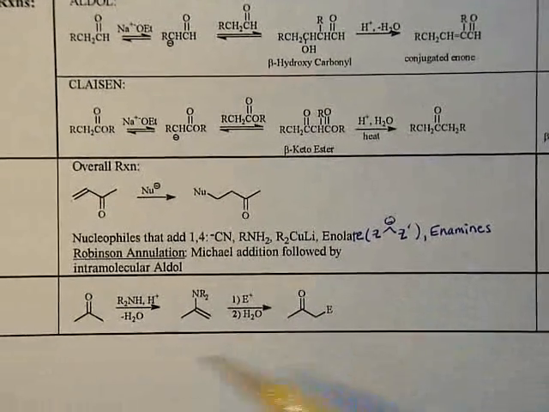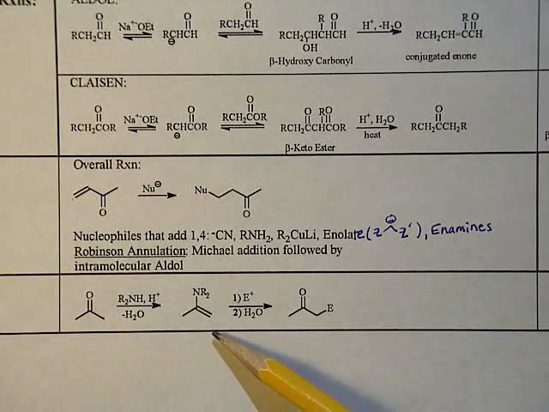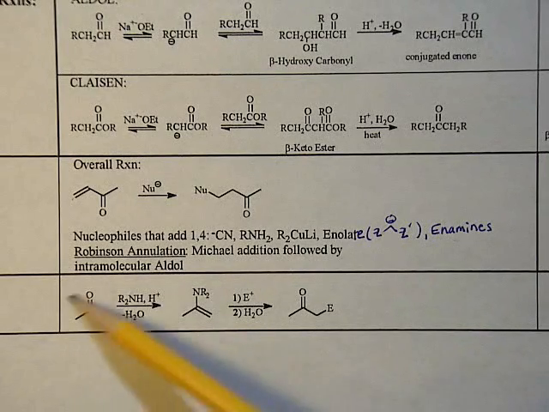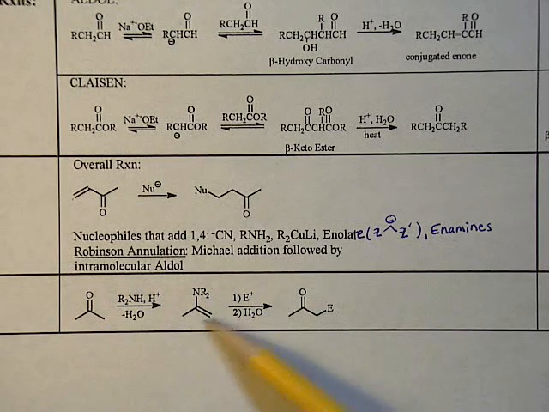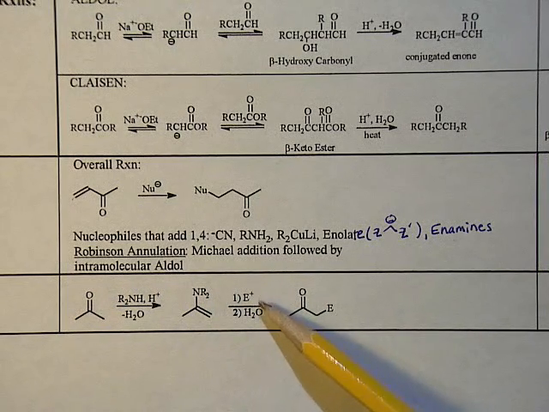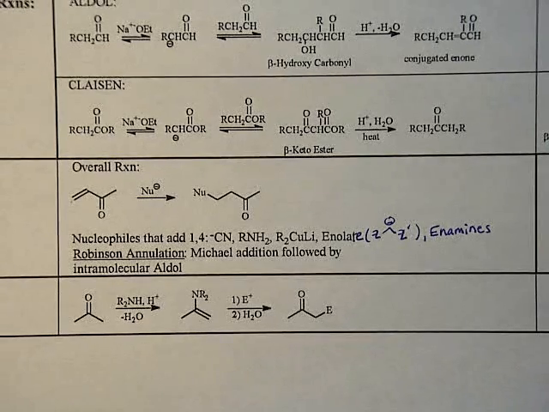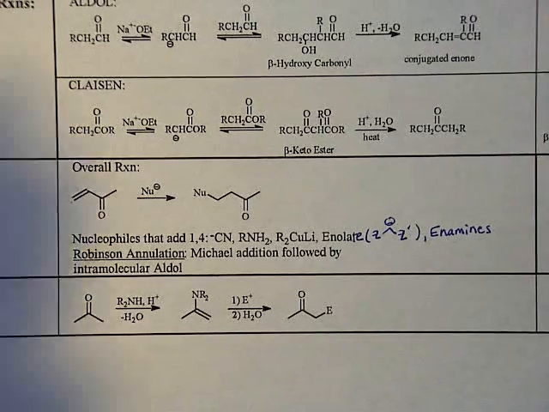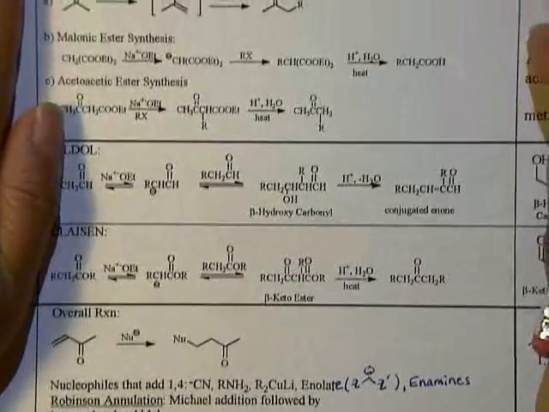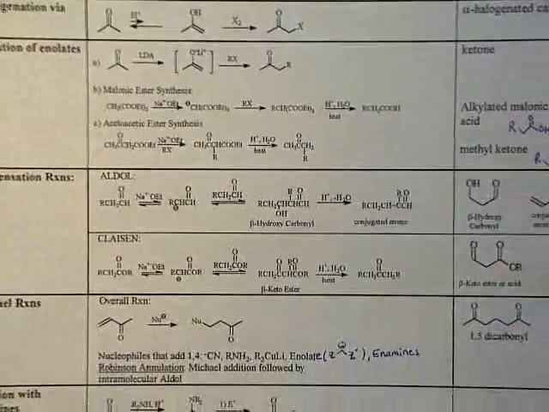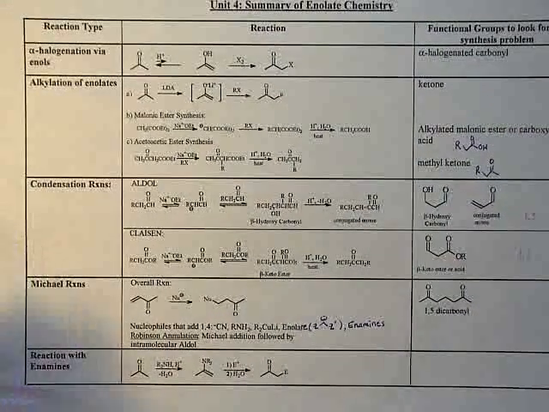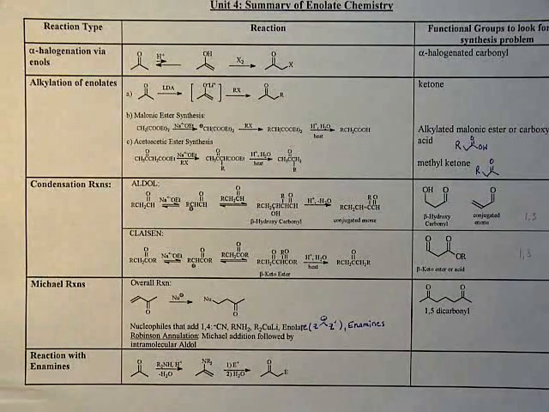And we also learned how to make enamines, which should be a review from Unit 2, but then using the enamine as a nucleophile and reacting with an electrophile as shown here. All right. So this middle column should be a review for you, and this table hopefully summarizes everything in one page, so that you can keep them differentiated.